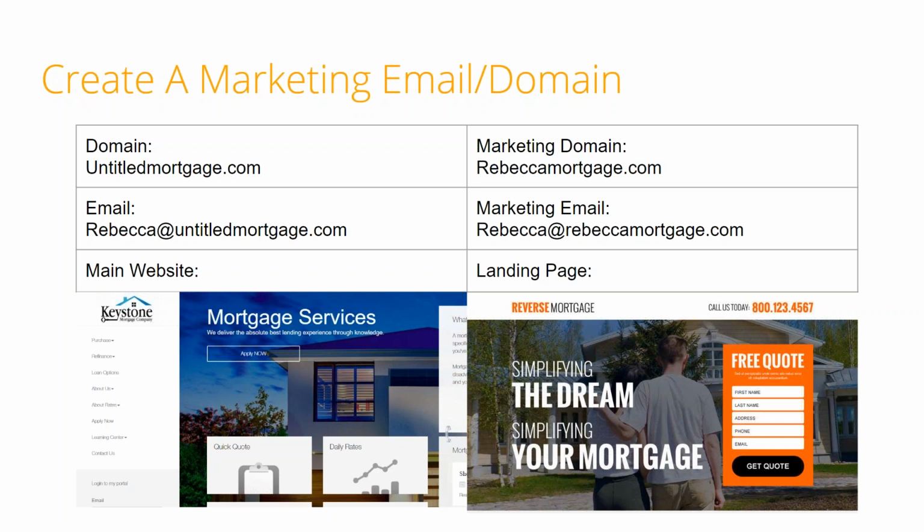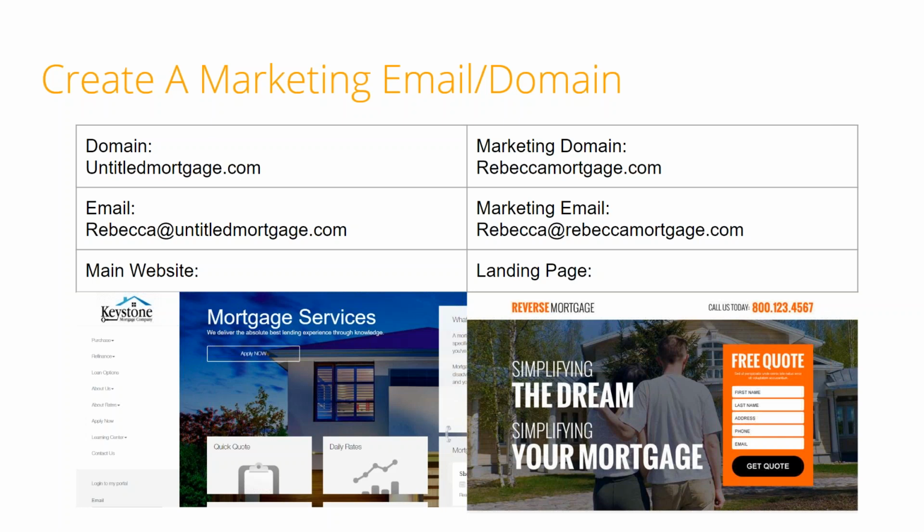So if you are doing any sort of older tactics and things that are sort of faux pas from what we're talking about today, what you're going to want to do is create a second domain name and second email address that is disconnected from your corporate email that you can use to do more marketing tactics and prospecting, right?